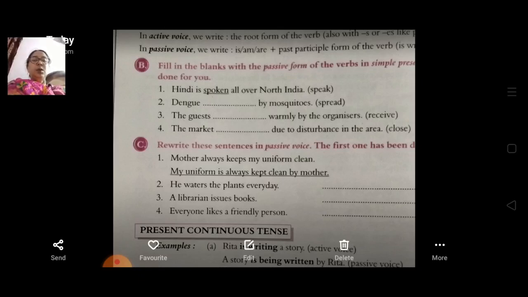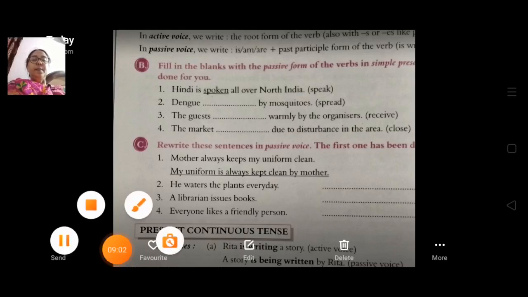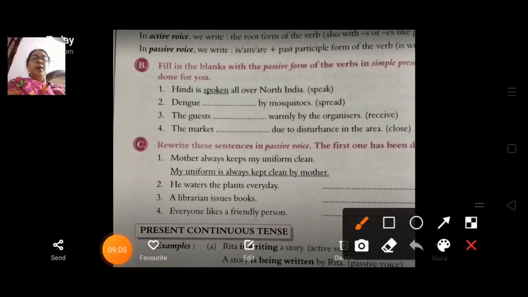So here you can see it is a zigzag form. Mother is placed at the last and the uniform is placed in the first place in passive voice. So this rule will be followed with these three sentences.